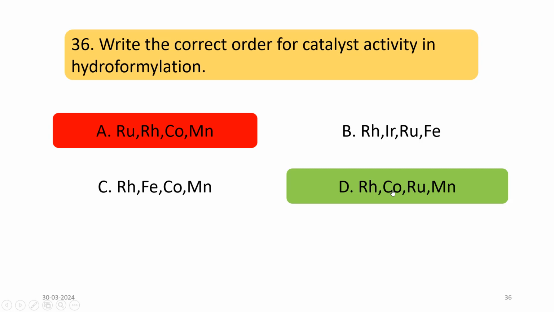Based on catalyst activity, rhodium is highly active, then comes cobalt, then ruthenium, and then manganese. So for hydroformylation, this is the order.